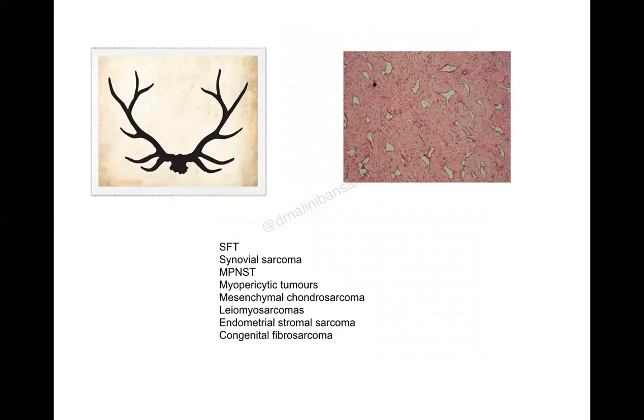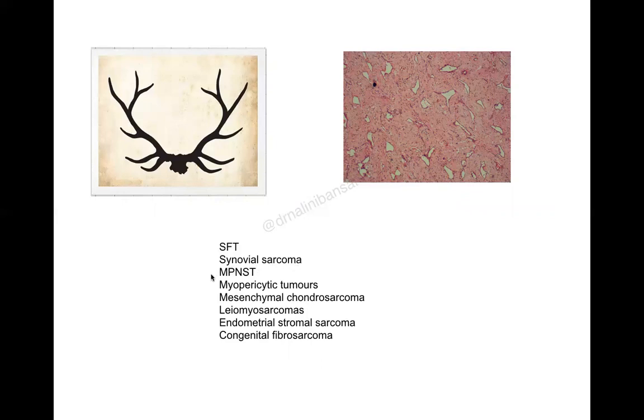The most important pattern that we see in the soft tissue, and which is also very useful to identify these soft tissue tumors, is the hemangiopericytomatous pattern. And what is the hemangiopericytomatous pattern? These are the staghorn vessels that you see within the lesion, and once you see these staghorn vessels, there is a limited number of differentials that you should think of. It could be a solitary fibrous tumor, which was previously called hemangiopericytoma.